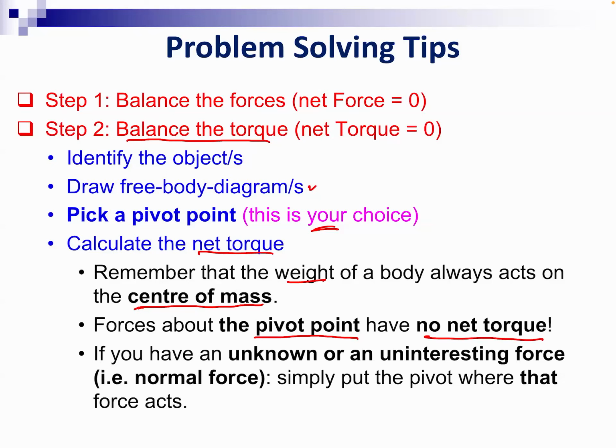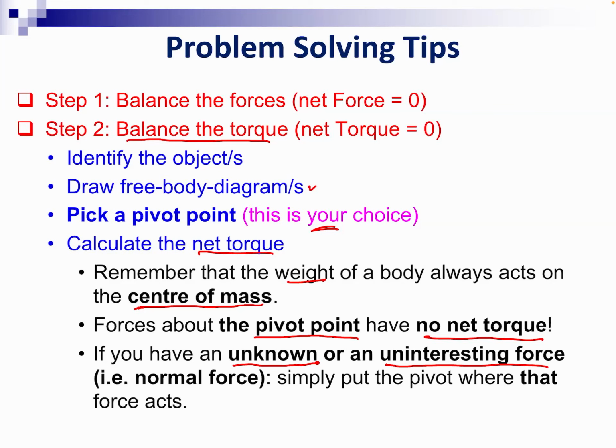The forces will not contribute to torques at the pivot point. So a good tip is to choose your pivot where you have unknown or uninteresting forces, because if you put your pivot at the position of an unknown force, you eliminate this unknown force and you don't have to worry about it.